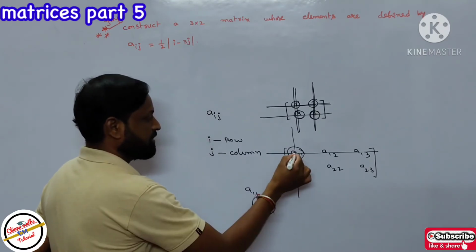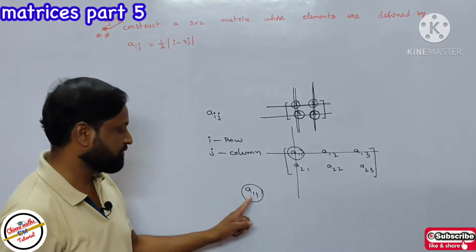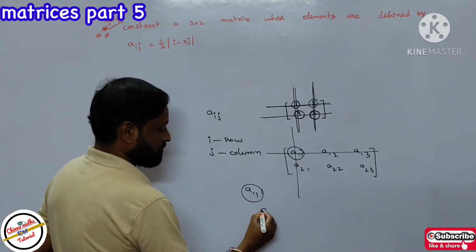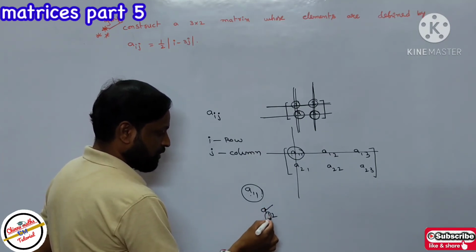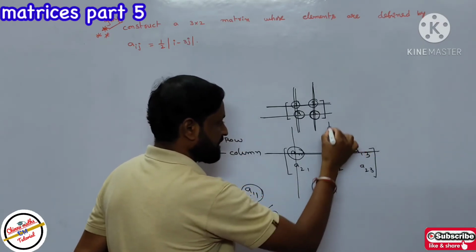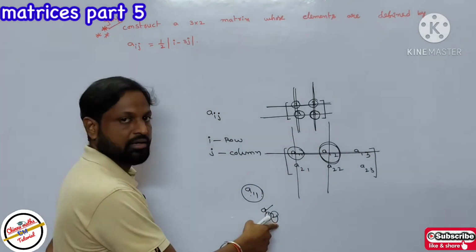So that is why it is denoted by a11. Now, what does a12 mean? It is the element of the first row and second column. See here, it is the first row, second column. So a12 is the element of the first row and second column.